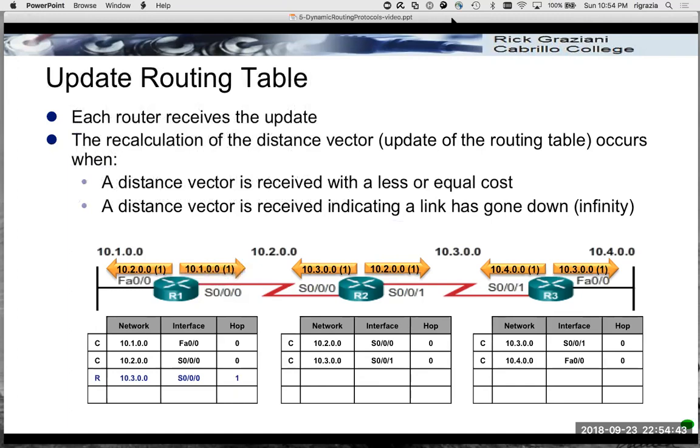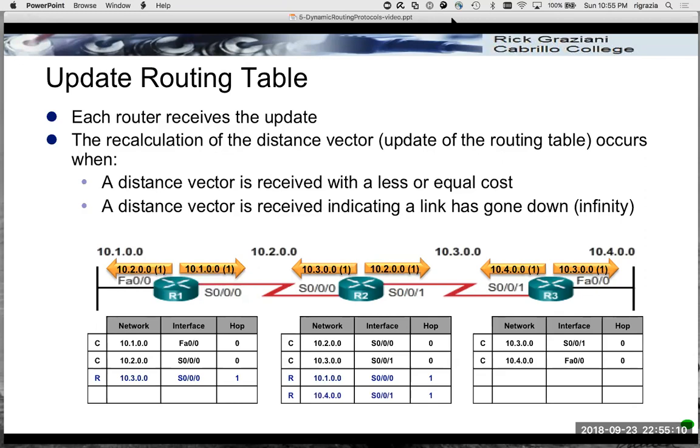R1 tells R2, hey, you can get to the 10.1.0.0 network through me. And R2 adds that to its routing table. So it now knows it can get to the 10.1.0.0 network via R1, one hop away. R3 tells R2, hey, you can get to the 10.4.0.0 network through me.